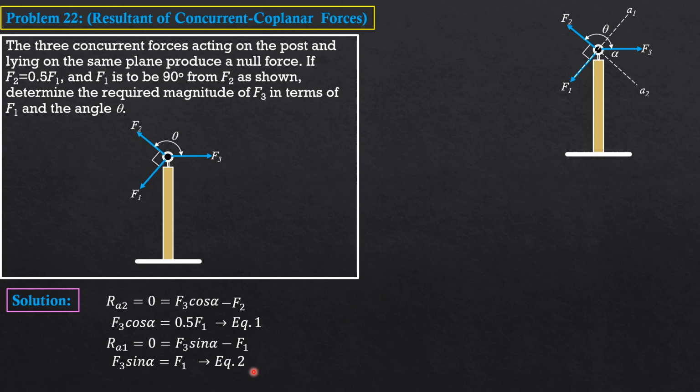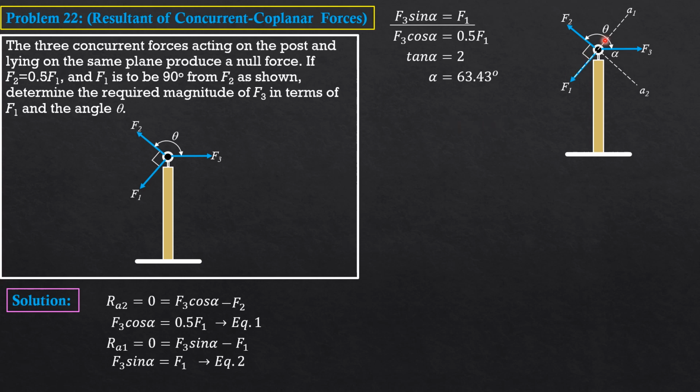Then dividing equation 2 by equation 1, we have F3 sine alpha equals F1 divided by F3 cosine alpha equals 0.5 of F1. Then we can cancel F3, we can cancel F1. 1 over 0.5 is 2. Tangent alpha equals 2. So that means alpha is arctan of 2 and it is equal to 63.43 degrees.